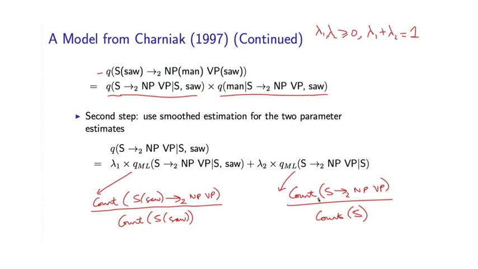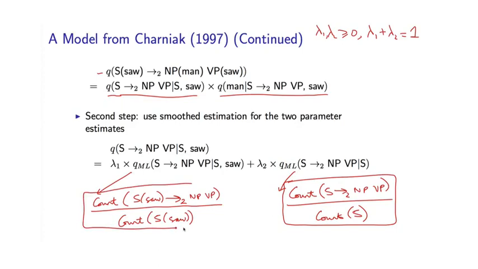So we're essentially interpolating two different estimates, one which conditions on lexical information which isn't present in the PCFG, and the other which throws away the lexical information. And by the usual arguments, this estimate will tend to be more robust in that the counts will be larger, we'll have fewer problems with counts being 0 and so on, whereas this estimate will be more detailed in that it takes into account lexical information, which is very useful. And by interpolating these two estimates, we get a balance, we get, in some sense, the strengths of both of these two estimates, robustness and also some sensitivity to lexical information.